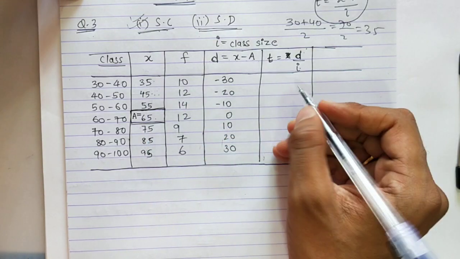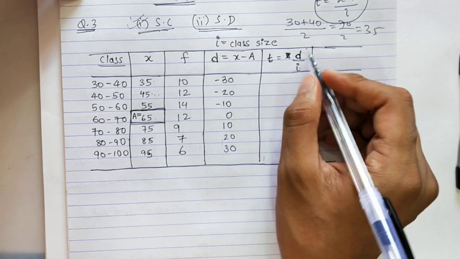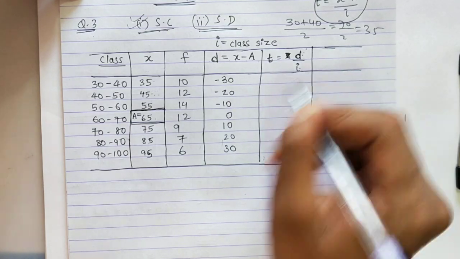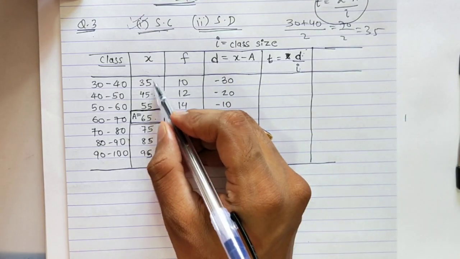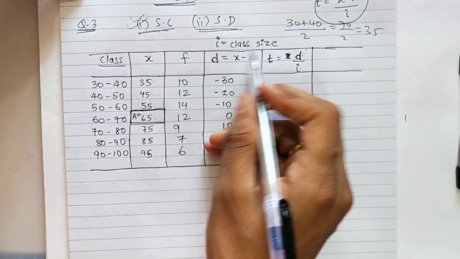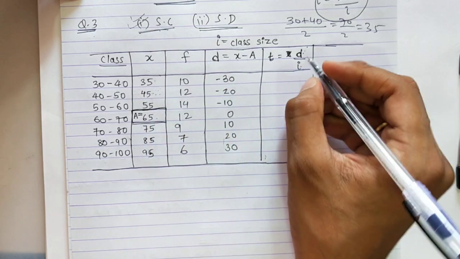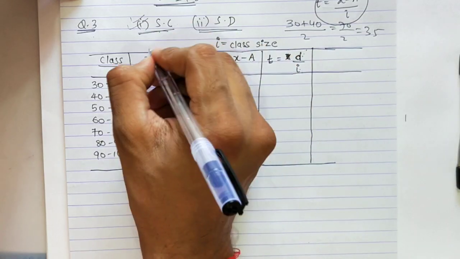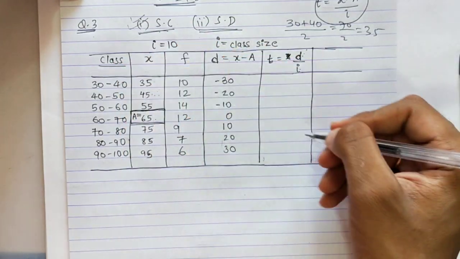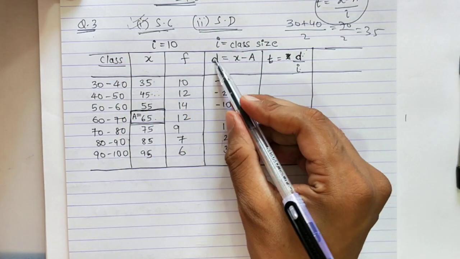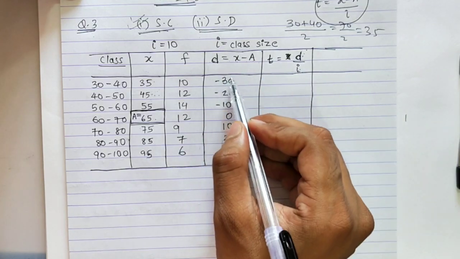Okay. So now T, how will I find T? D upon I. In this question, what is I? Class size is 10. So I'll write it here. I is 10 in this question. So D divided by I. D is minus 30.